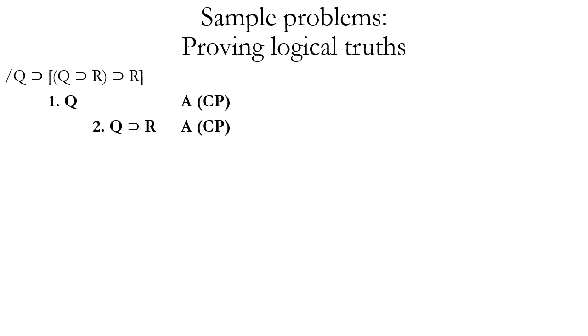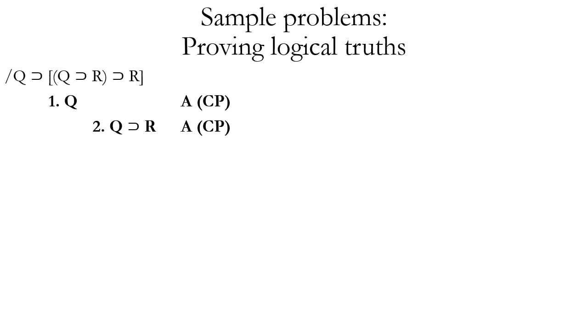And that's why we indent further on line 2 to show this is a second assumption that has its own even narrower scope than line 1. So if you look at what we're trying to do, we're trying to prove the entire consequent, parentheses Q horseshoe R, close parentheses horseshoe R, in order to complete our first conditional proof with assuming Q. We're trying to prove the whole consequent of the main conclusion of our argument.